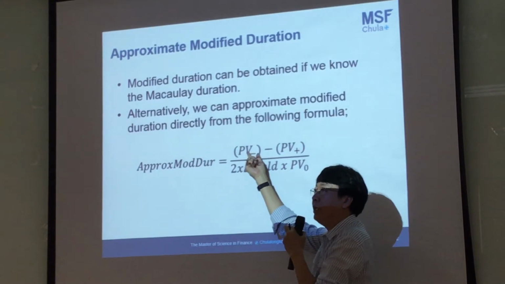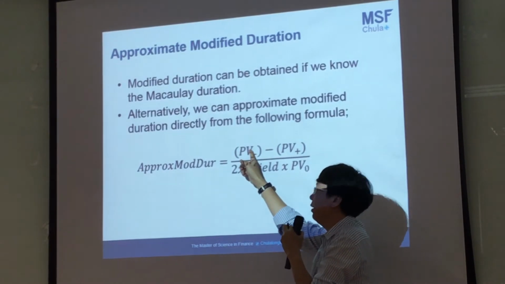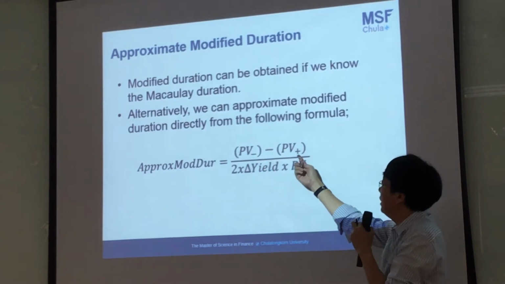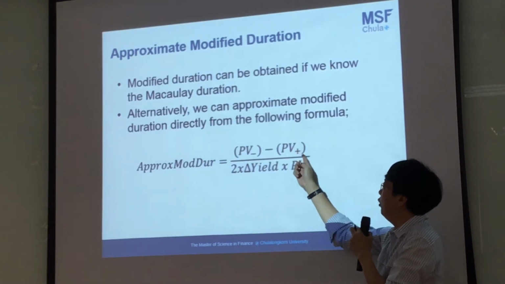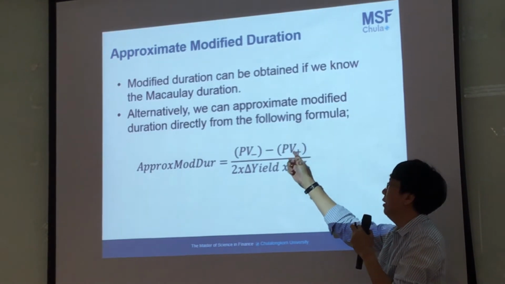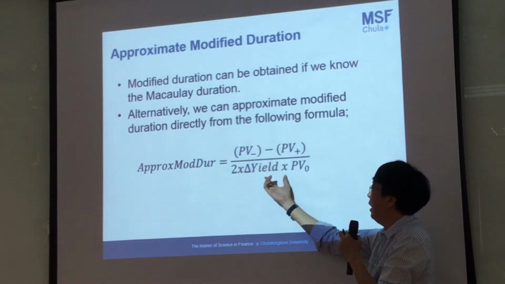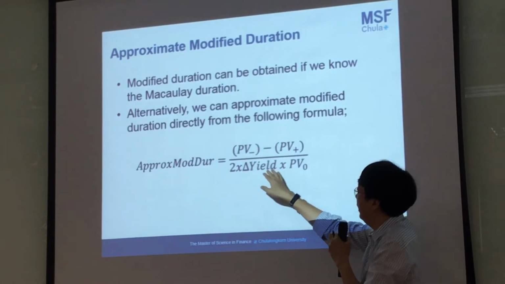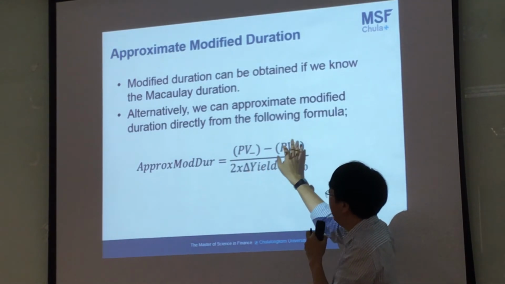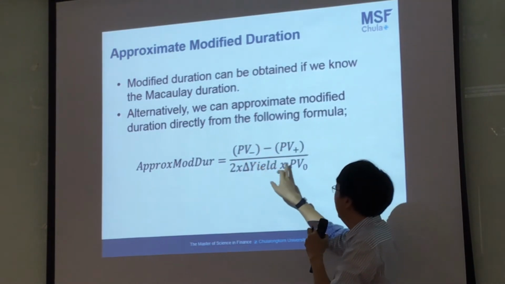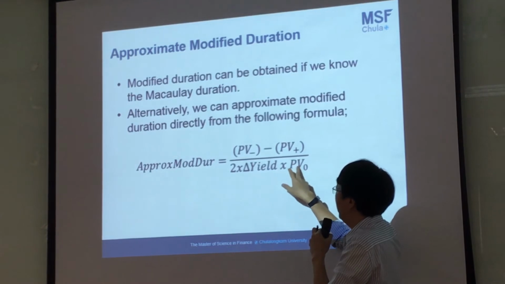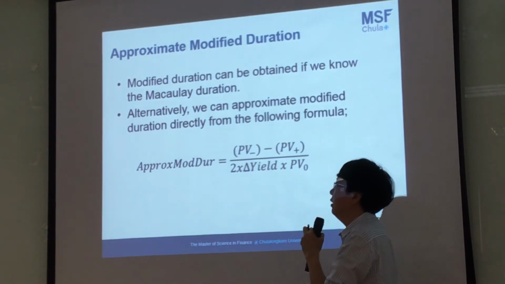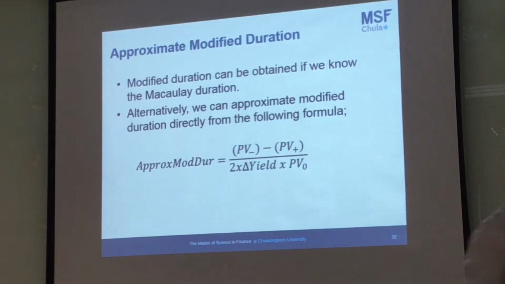When the yield decreases, you get the price of the bond. And then you assume again the yield increases and re-estimate the value of the bond. Okay, and then divide by the change of the yield multiplied by 2. And this is actually just dP over dy, and then you multiply by P to get the modified duration. Look at the graph here.